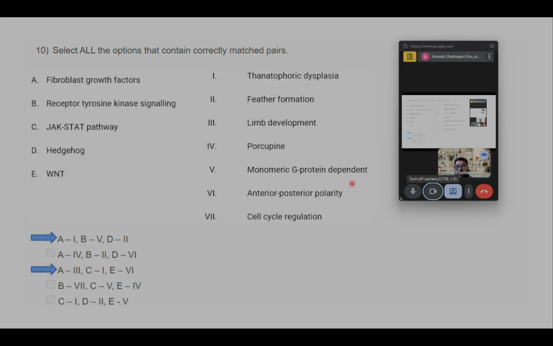So yes, RTKs are related to this. Hedgehog and feather formation, as I just said, hedgehog is related to feather formation as well. And A3, fibroblast growth factor and limb development. We have seen how it causes thanatophoric dysplasia by suppressing chondrocyte proliferation, so it is related to limb development.